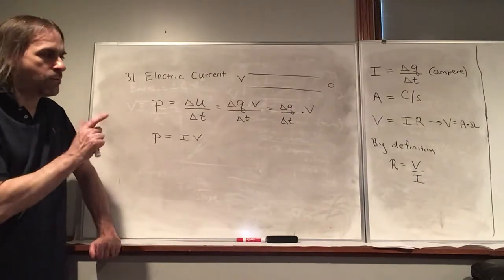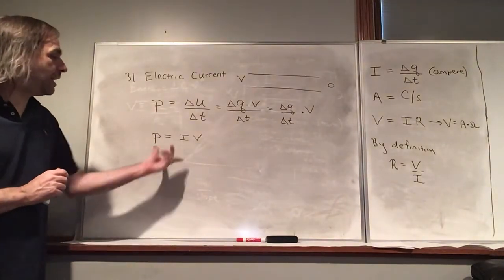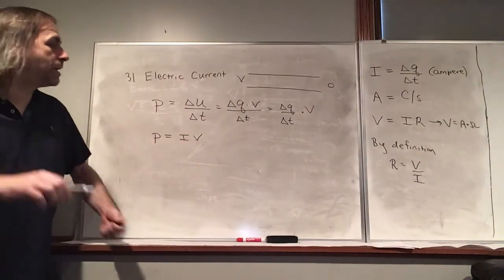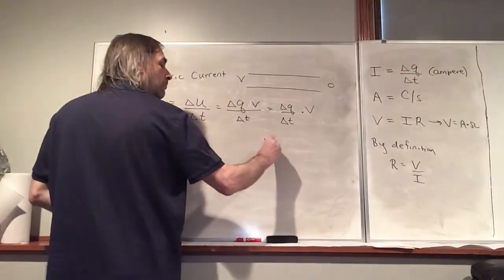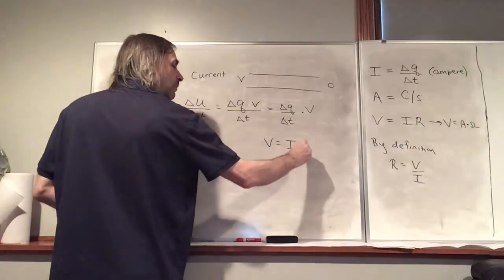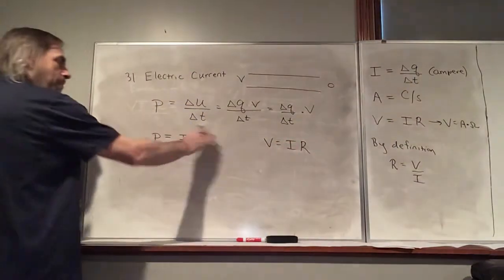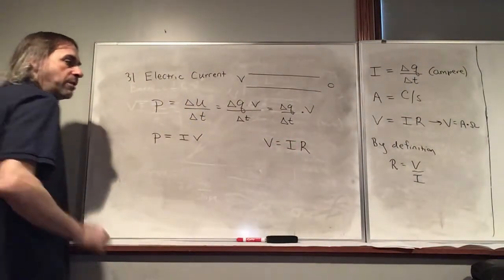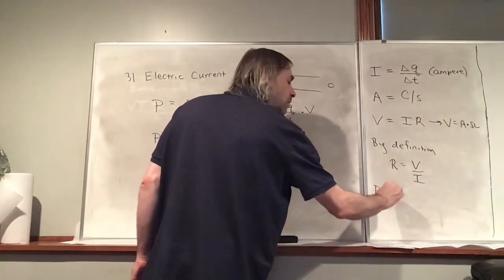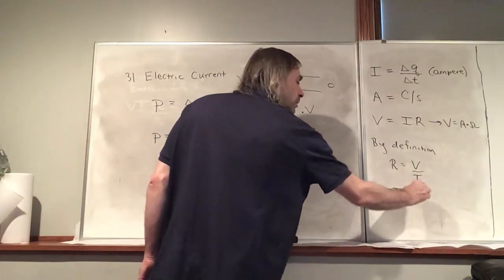Now, one more thing I'll mention, we can write this in different ways by combining it with Ohm's law. This is our basic equation for power: power is current times voltage.